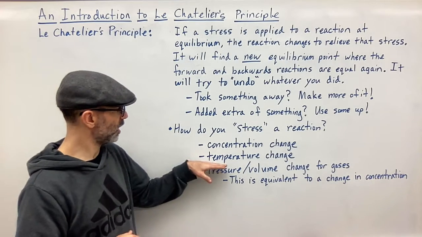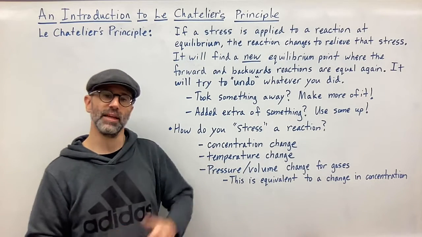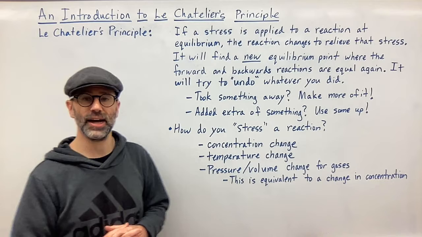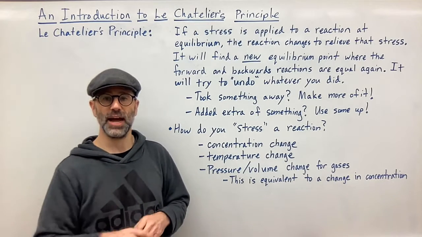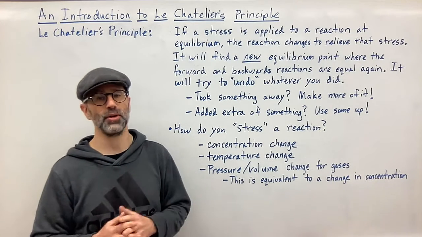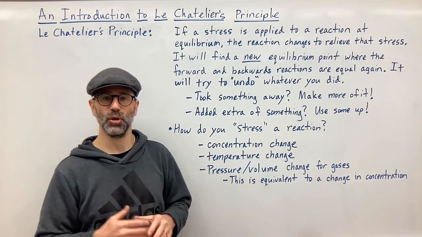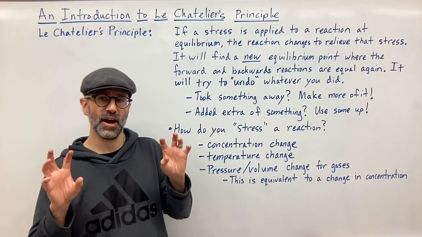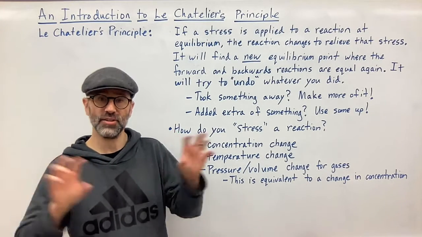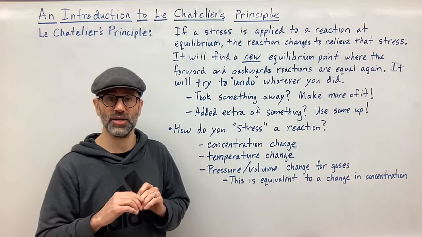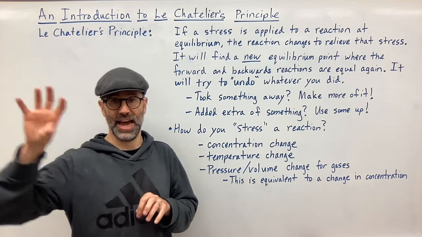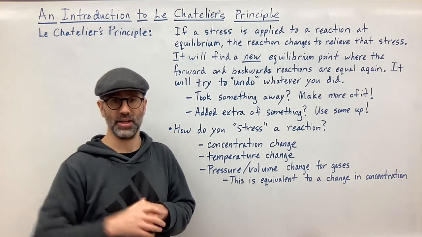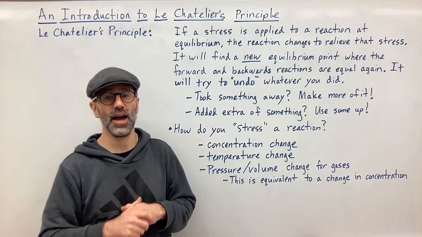Another way is temperature change. Earlier in this video, I showed you where you can have an exothermic or an endothermic reaction, and that will determine where the energy is on your equation. So remember, if it was exothermic, I had the energy as an output on the products side.